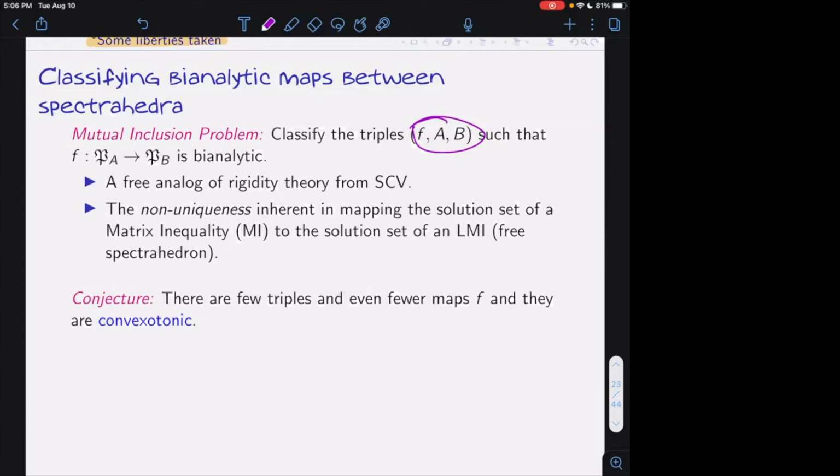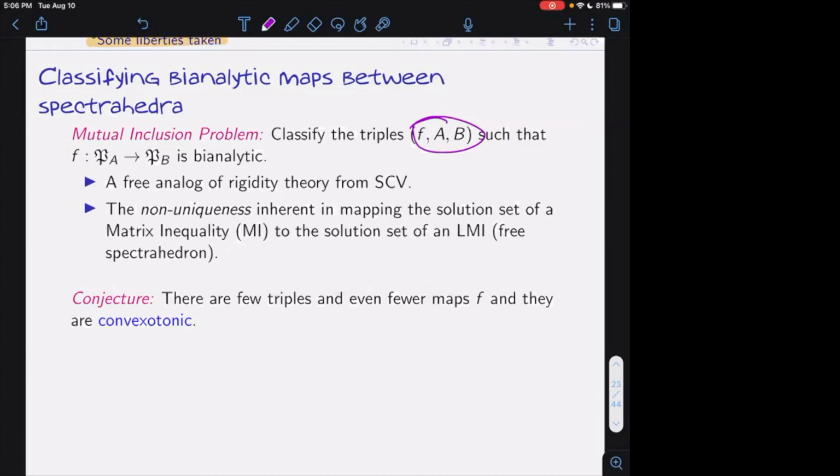It would also represent the non-uniqueness if you're trying to map the solution set of a matrix inequality that might arise in some application to the solution set of a linear matrix inequality where you now have convexity. So there's going to be potentially a certain amount of non-uniqueness, and then that could be measured in terms of maps between two free spectrahedra.